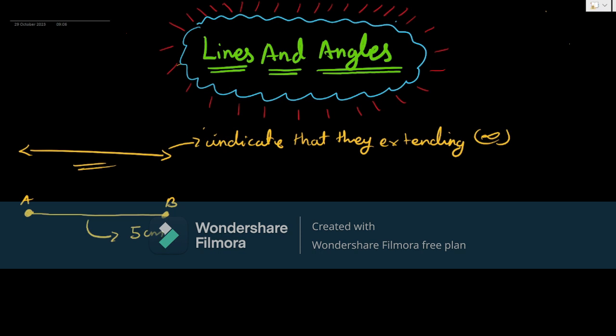This means that it has a particular distance, unlike the other one, which is extending infinitely. You cannot count that in centimeters, meters, or kilometers. But here, you know how much the distance is, right? It is 5 centimeter. Thus, we call this a line segment.